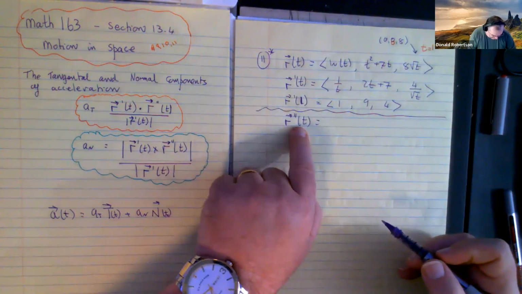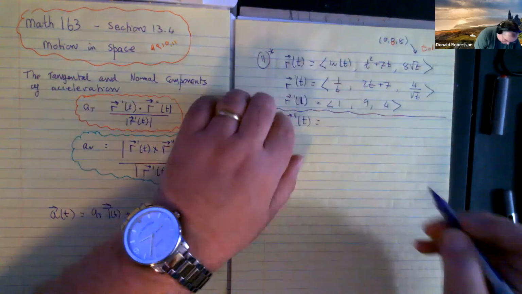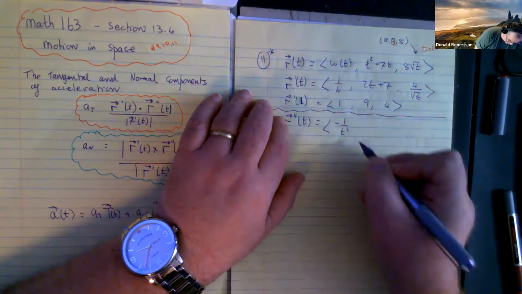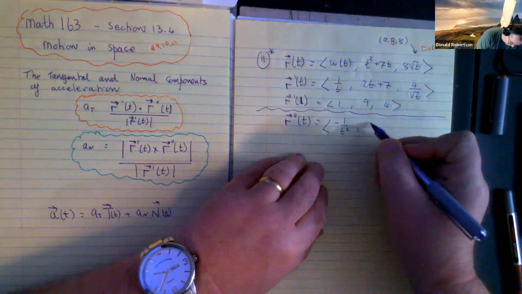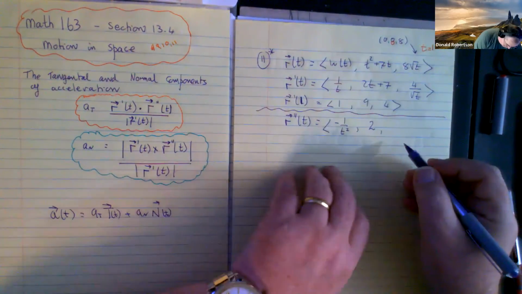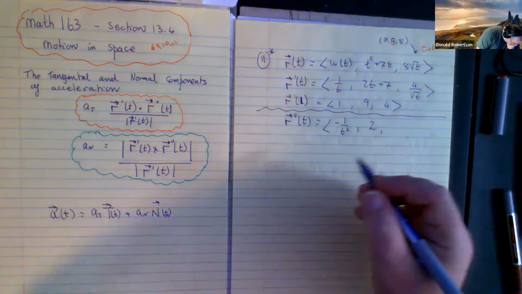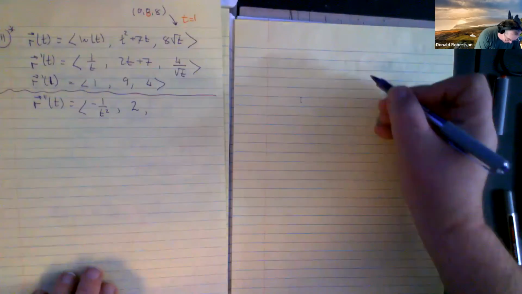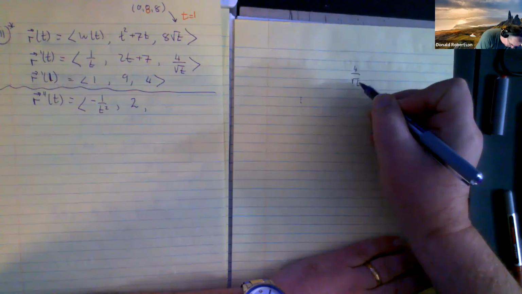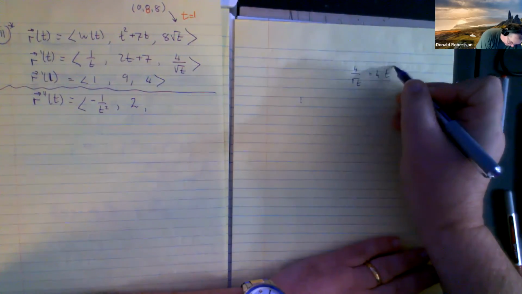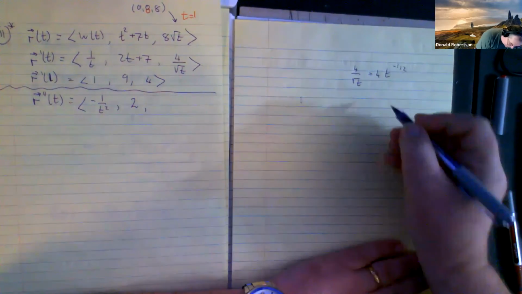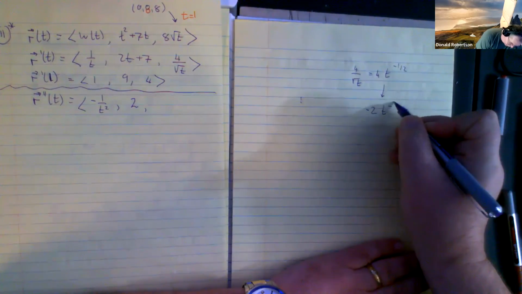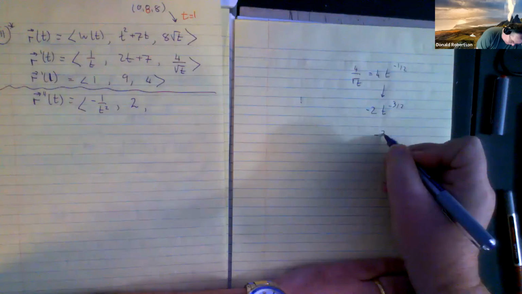Now to do the second derivative, I return back here. If you differentiate this one, you will eventually get negative 1 over t squared. You differentiate this one, you'll get 2. And if you differentiate this one, oh goodness gracious, I'm not going to do that in my head. To differentiate that guy, I need to call it that guy, and then when I differentiate it, I'll multiply by the power, reduce it by 1, and then make it look pretty.